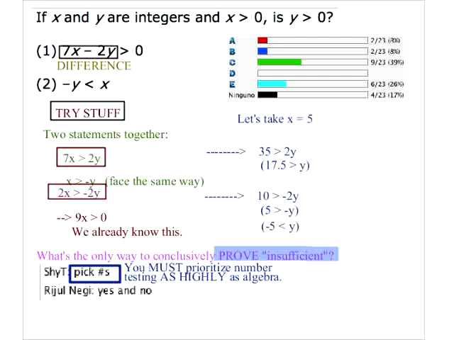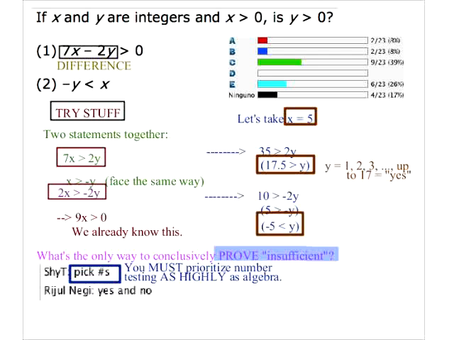If you pick numbers, you can show explicitly that this is still insufficient. If x is 5, then you can get y's that are positive: y is 1, 2, 3, etc., up to 17. Those give you yes answers.